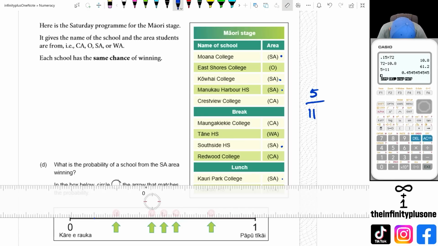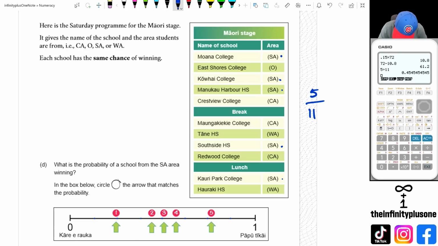So that's 1, 2, 3, 4, 5, 6, 7, 8, roughly 8. So 1, 2, 3, 4. Yeah, I'm thinking it's around arrow 2 because that's actually under 50%. So arrow 2 is probably the one I'm going to go with for 5 out of 11.